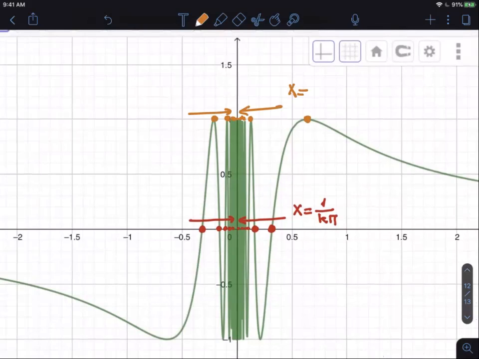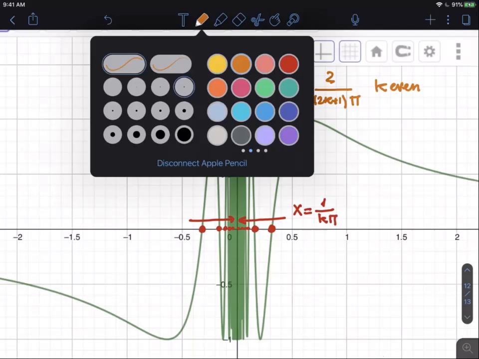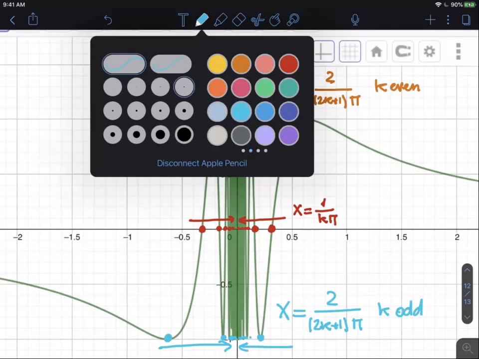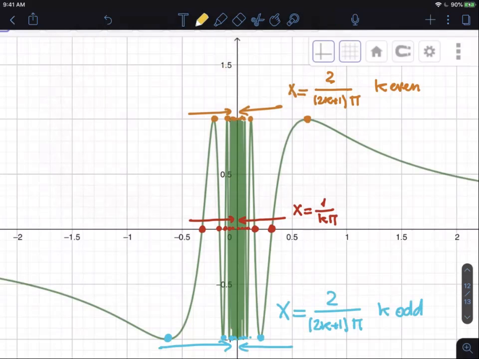Okay, these were x equals 2 divided by (2k plus 1) pi for k even. And then we had the bottom ones. Okay, these are x equals 2 divided by (2k plus 1) pi for k odd. So you see, this is a big problem, because actually you pick any number between -1 and 1.